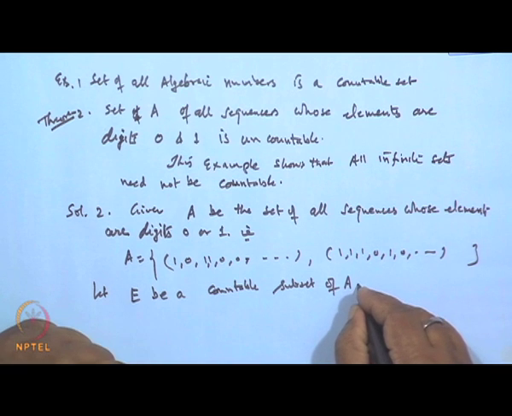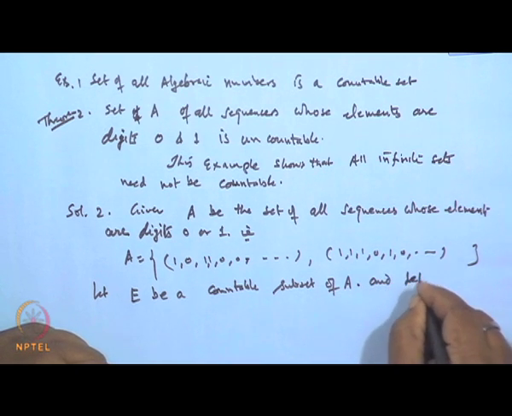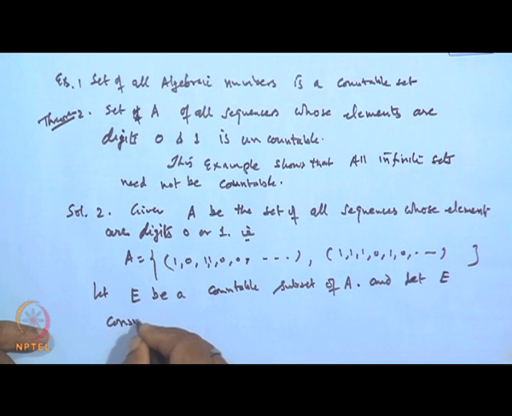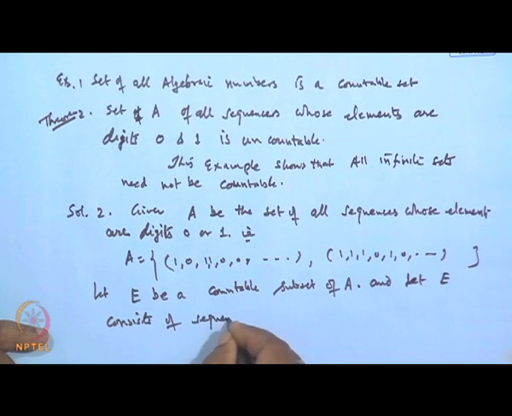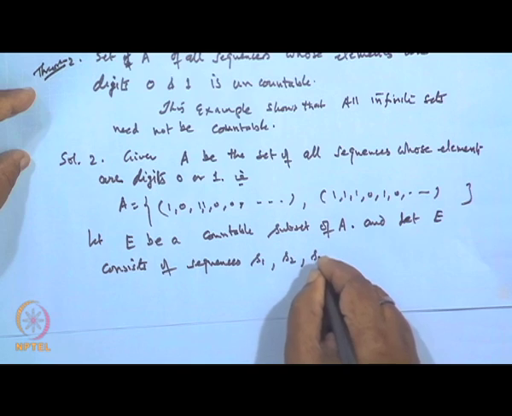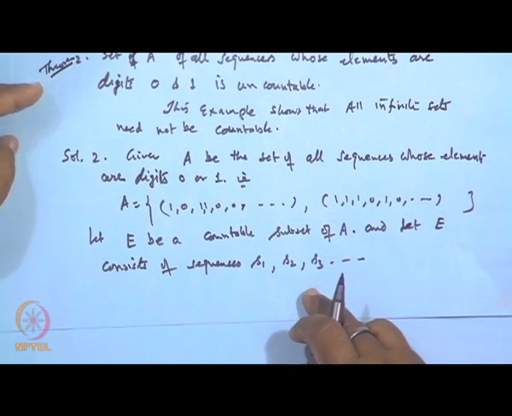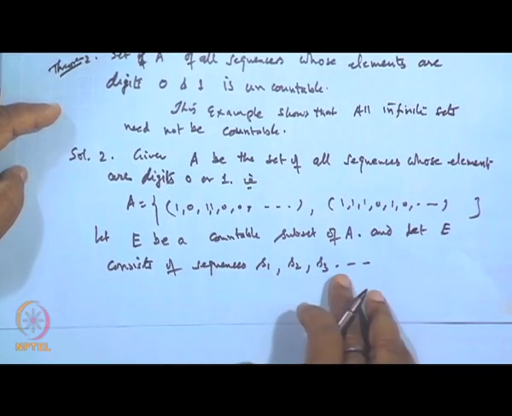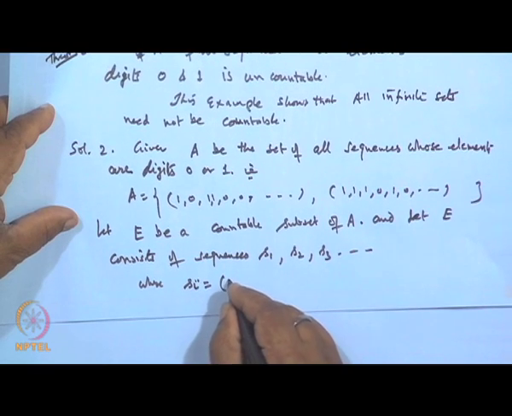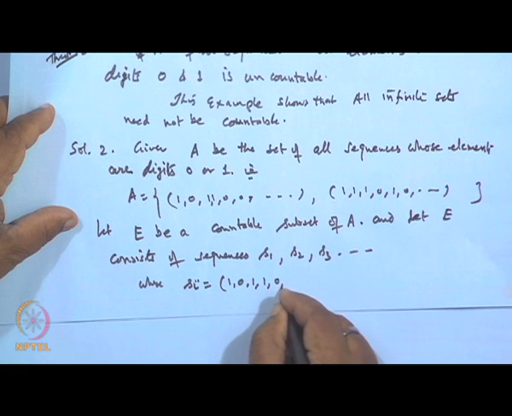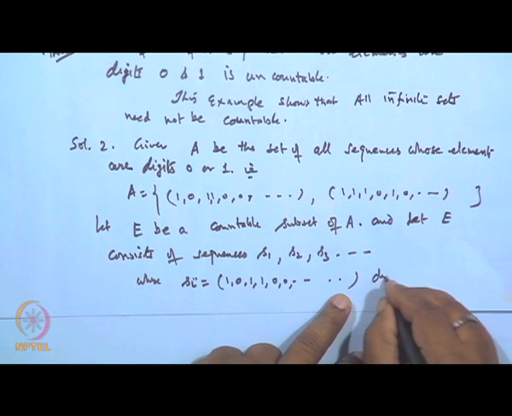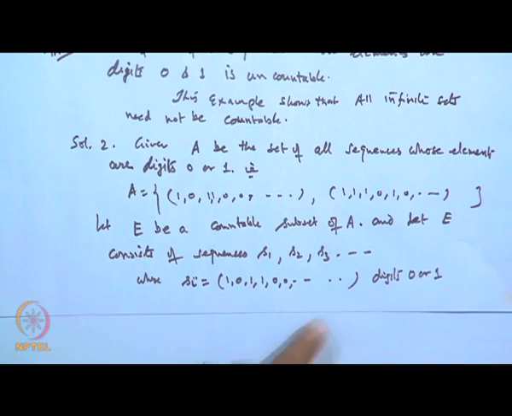So, let E consist of the sequences S1, S2, S3, and so on, Sn, because this is countable. So we can arrange the elements in this form. Now, each Si is, maybe, 1 0 1 1 0 0 0 and so on, where the digits are either 0 or 1.